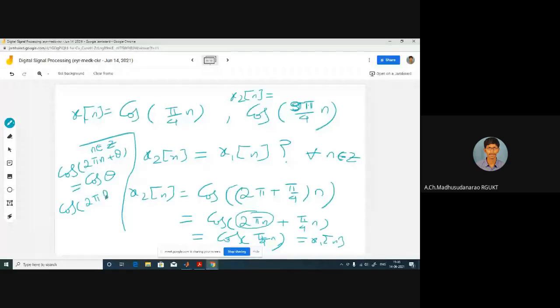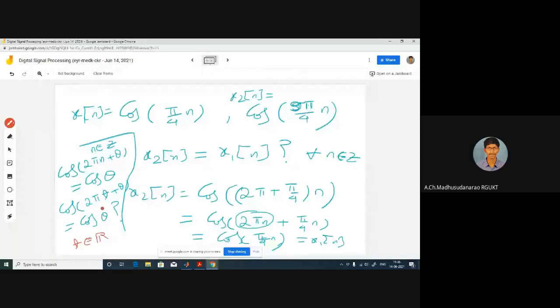Can I write like this? Is it true or false? Cos of 2 pi t plus theta equals cos theta, where t belongs to the real numbers. This can be any real number. This is continuous time. Is it true? No, this is not true.